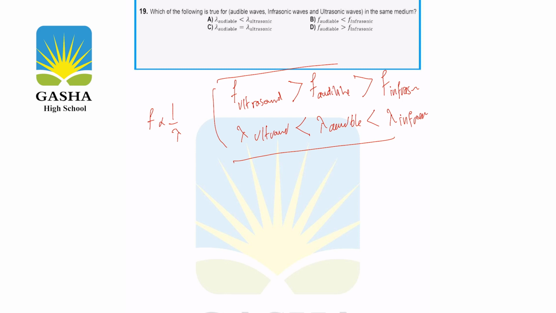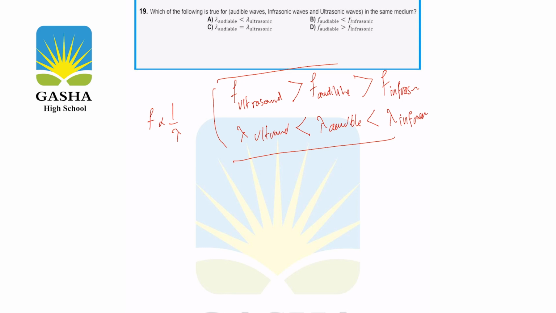The first one says the wavelength of audible is smaller than the wavelength of ultrasonic. We already know that the wavelength of ultrasonic is smaller than the wavelength of audible, so the first one is not correct. And C is not correct again, because it says the wavelengths are equal, so that's not true.